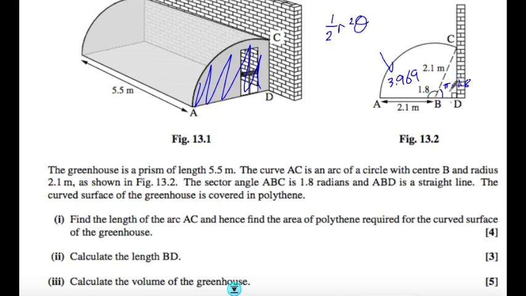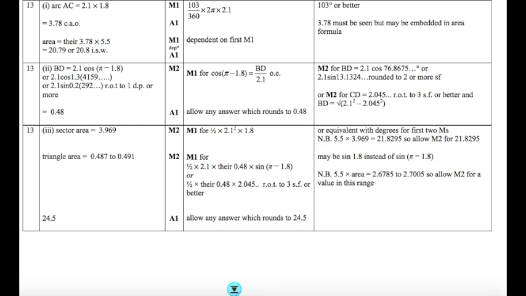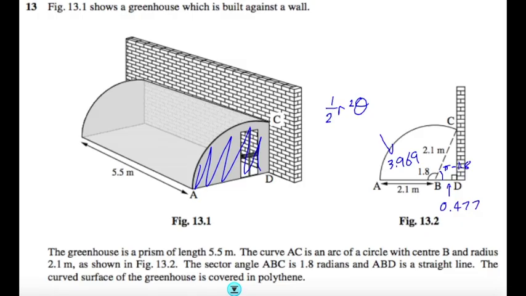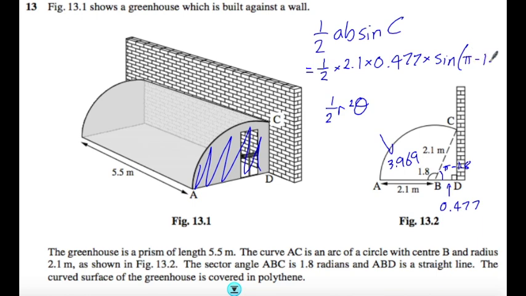You could find the height and use that, but because we know this is 0.477, we can do half AB sine C, because we know two sides and the angle between them. So a half times 2.1 times 0.477 times sine of pi minus 1.8.